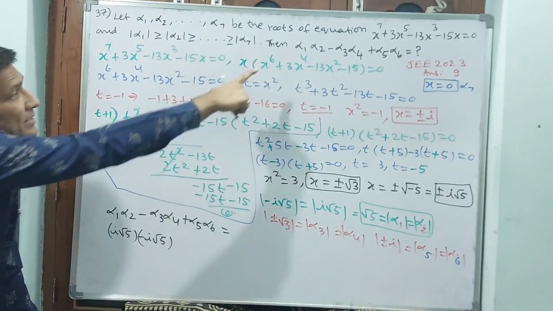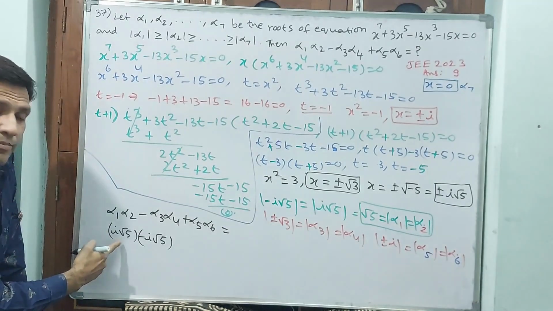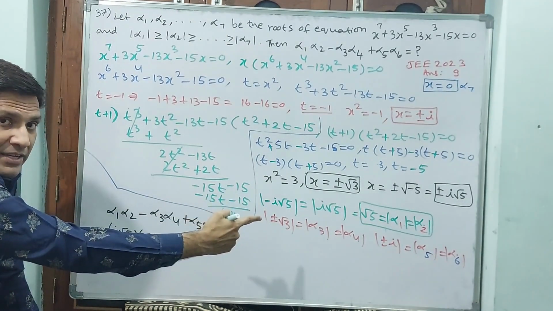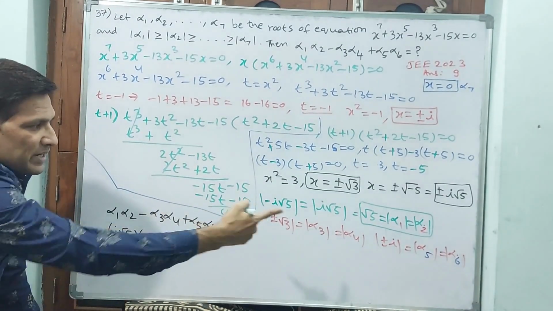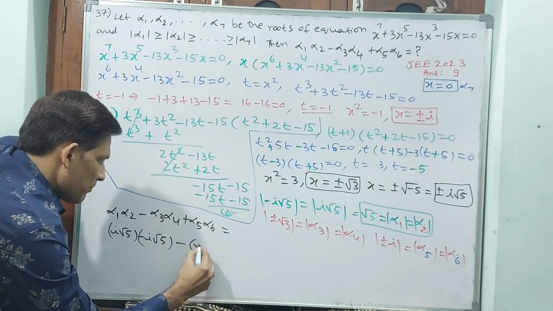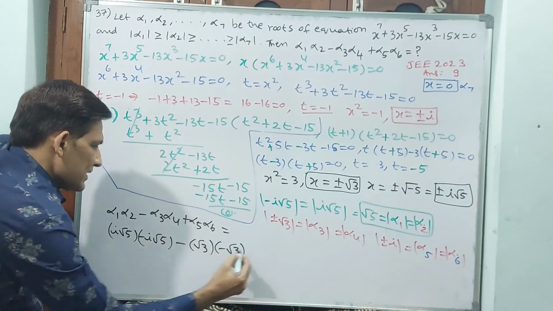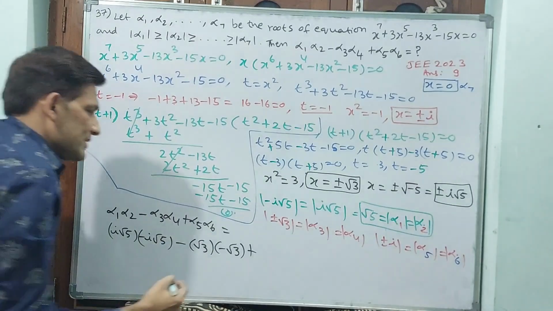Here modulus is not there. Here modulus is there. Here modulus is not there. That is why alpha 1 and alpha 2 are i root 5 and minus i root 5. Minus, next biggest is root 3: plus root 3 into minus root 3. This is minus plus. Alpha 5, alpha 6: plus i into minus i.